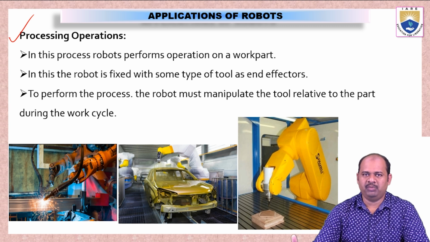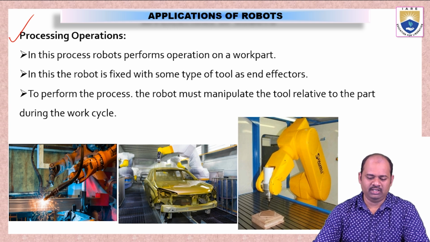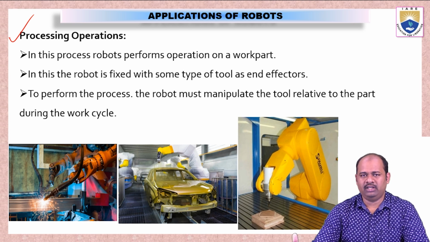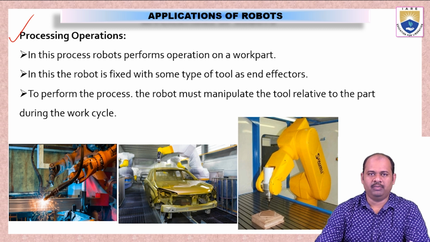There are two types of end effectors that can be attached to robots used in industry: a tool or a gripper. We can replace the end effector and change the robot for a different operation, and use the robot for another processing operation.